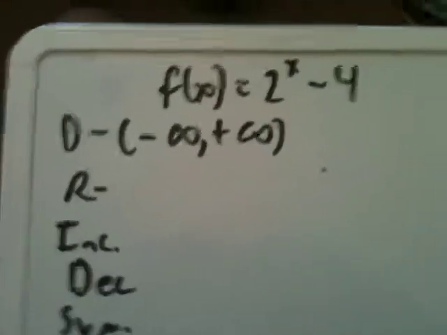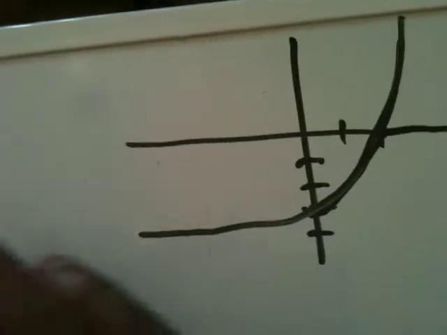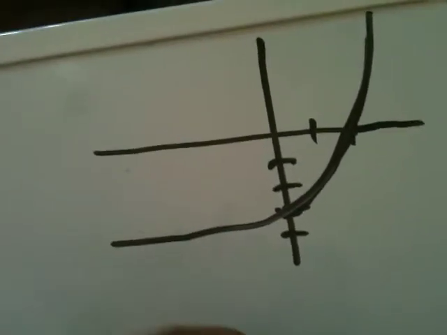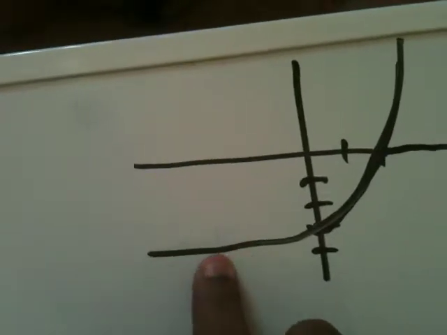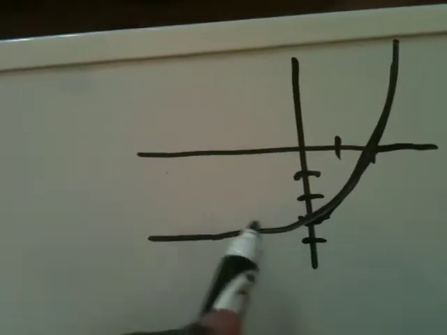Next is the range. We're allowed to plug in anything, so we're allowed to get basically anything. But remember, this gets very flat, and it's decreasing very slowly as we go on to the left. So we see that the range gets close to, but doesn't reach, negative 4.